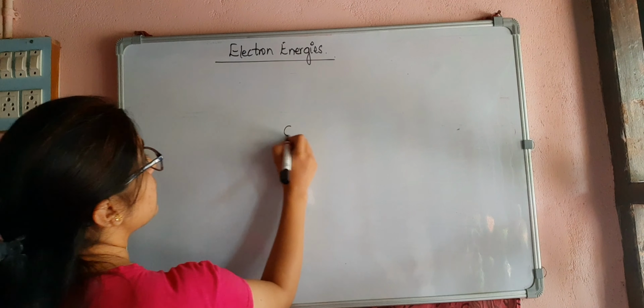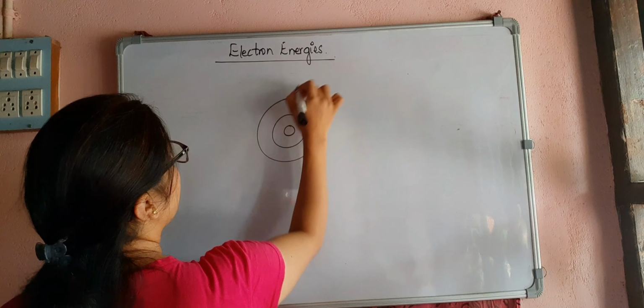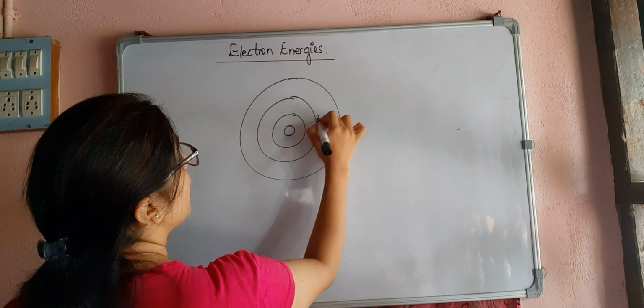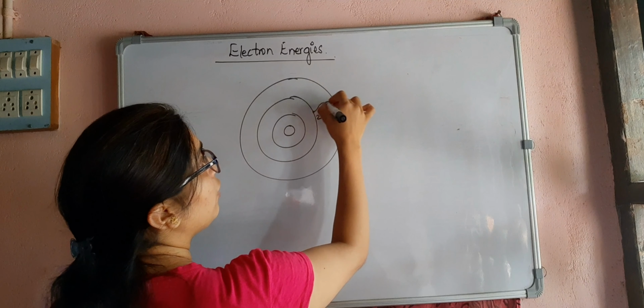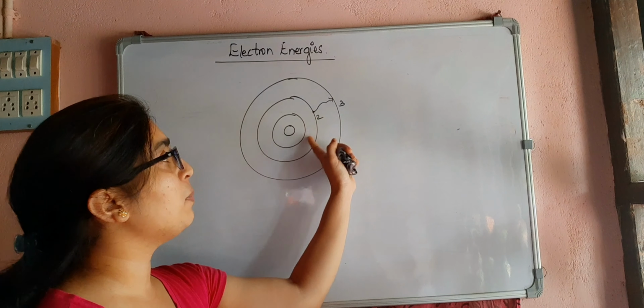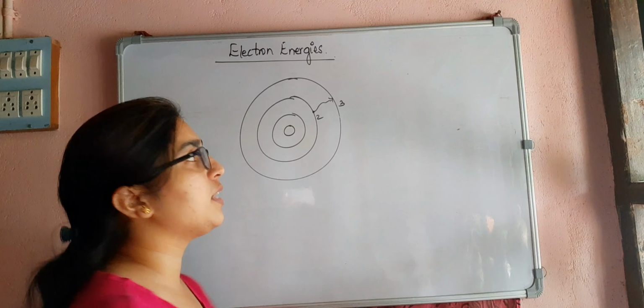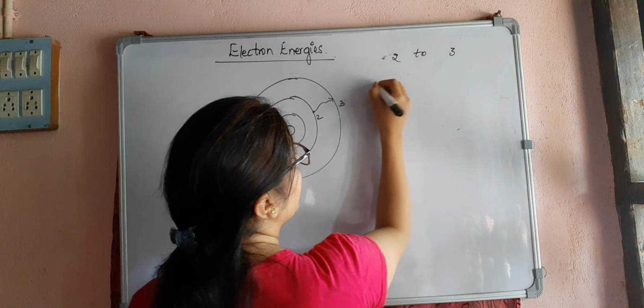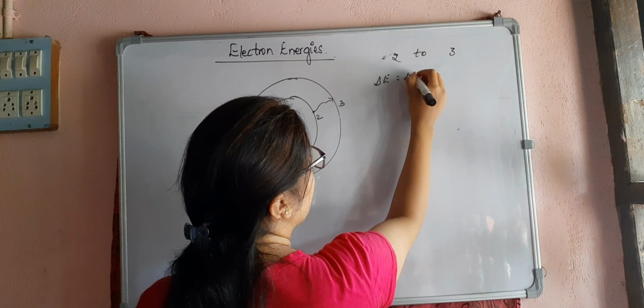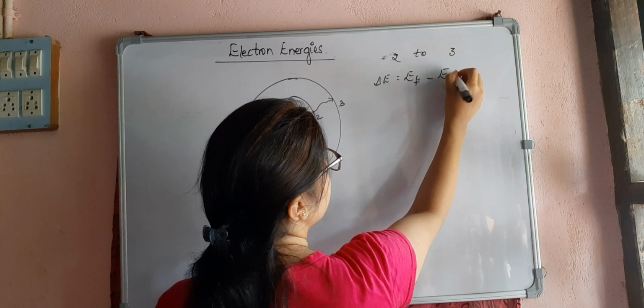Now see, this is your n is equal to 2 and n is equal to 3. Suppose when the light falls on this atom, the electron is moving from 2 to 3. That means excitation is taking place here, from 2 to 3. Now we can write delta E as E final minus E initial.